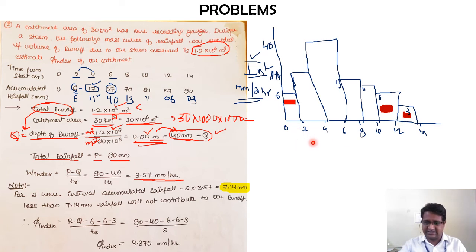Because each section is 2 hours, not 1 hour. In the previous case it was only 1 hour, but here it is 2 hours. So here 2 hours I need to deduct, here 2 hours, and here 2 hours. So out of total 14 hours of rainfall, I need to deduct 3 sections of 2 hours, totally 6 hours.